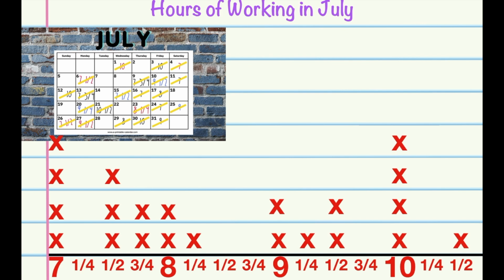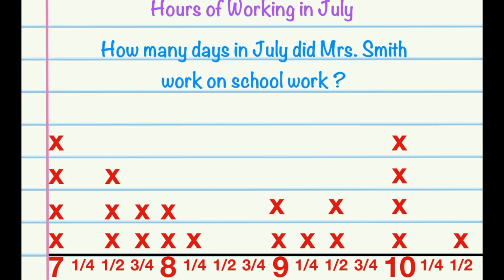And there we have it, a line plot of all the days I worked on schoolwork in July. But now let's see how well we can interpret that line plot. Looking at the line plot, how many days in July did Mrs. Smith work on schoolwork?